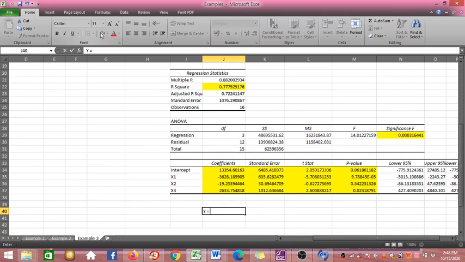So y equals, first write is the intercept, so 13354.60.